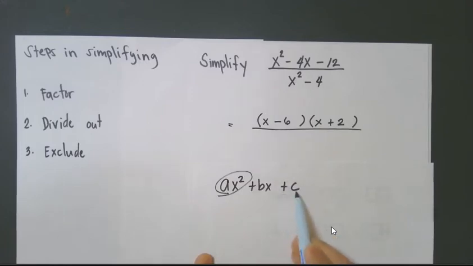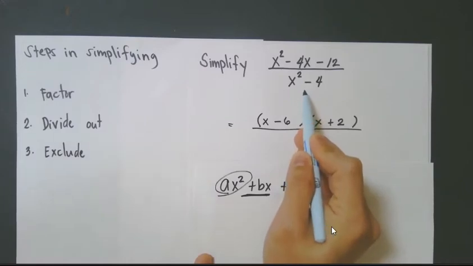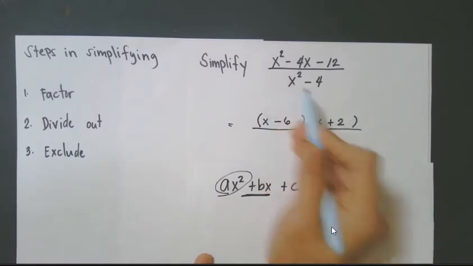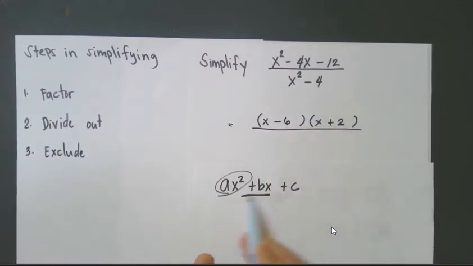Your c here is your negative 4. We don't have the positive bx, so in this case, actually we have the positive bx, which is 0x. To rewrite that so that we have the middle term, we write 0x minus 4.